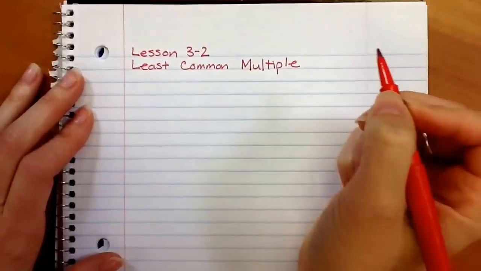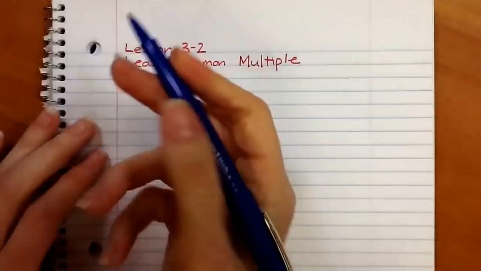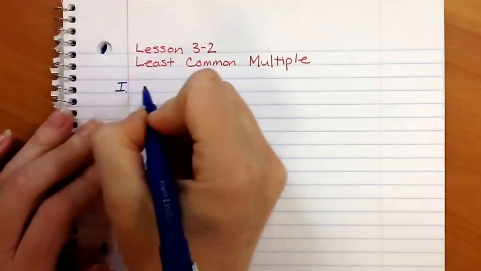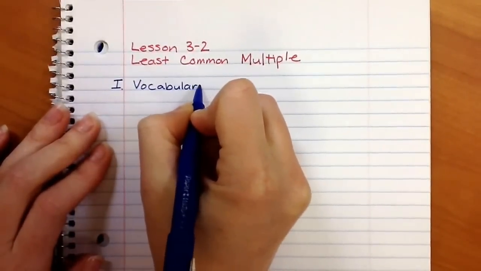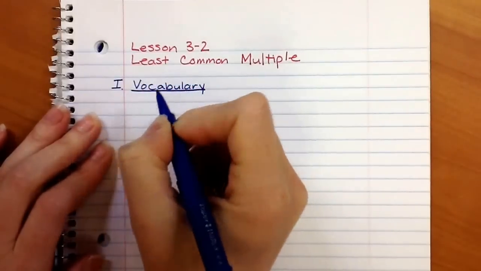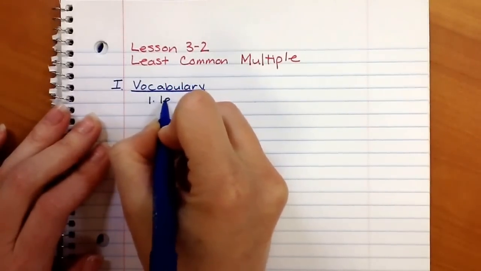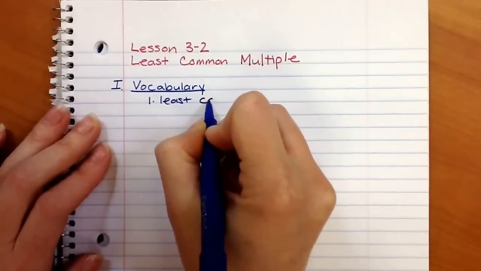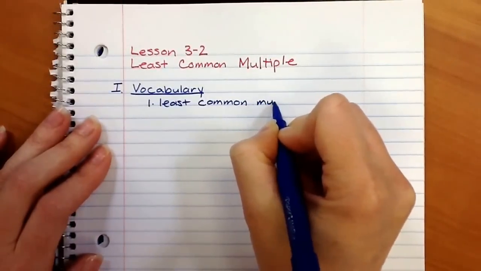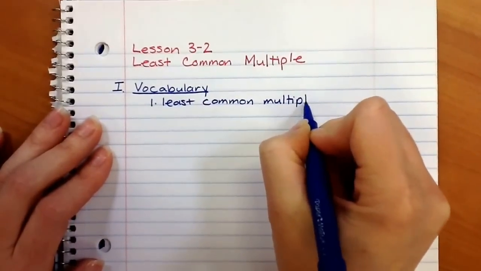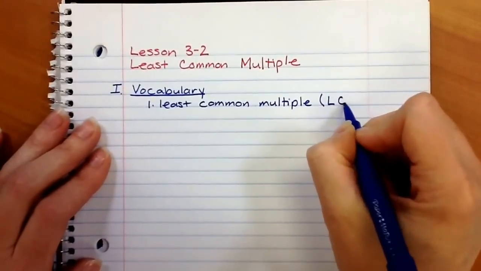Now, before we jump into the lesson, let's do vocabulary. Our vocabulary word for today is least common multiple. You will also see this written often as LCM.